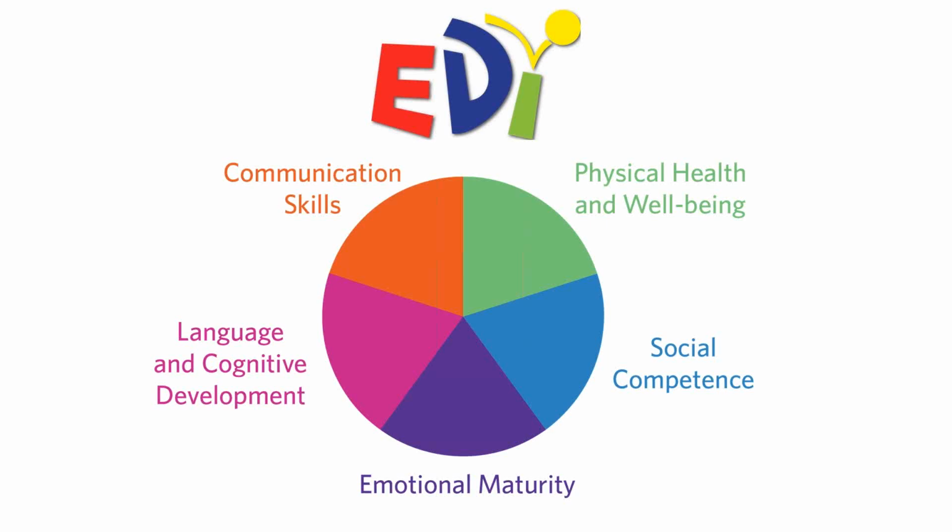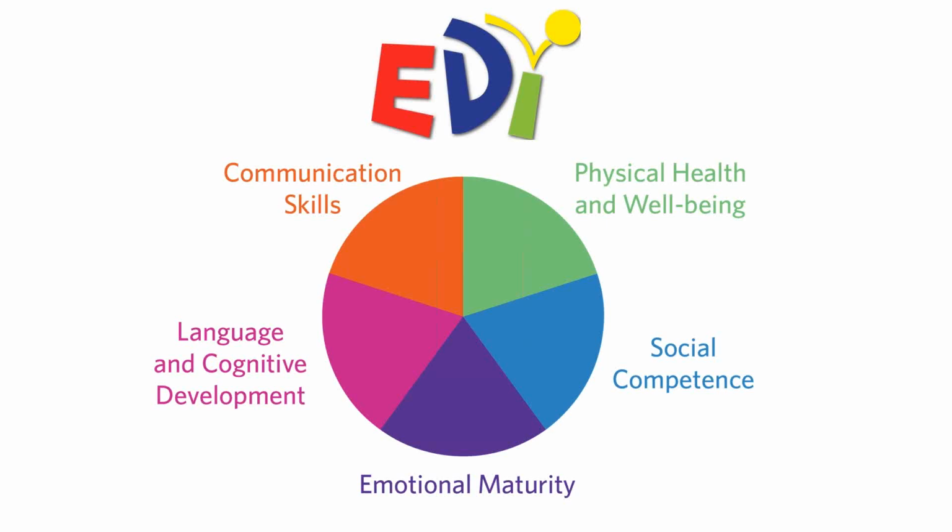As you can see there, it's broken down into 5 different domains or scales of development. You can see them there: physical health and well-being, social competence, emotional maturity, language and cognitive development, and communications. As we look at the results for your areas, we'll get a little bit more into what each of those scales measures.